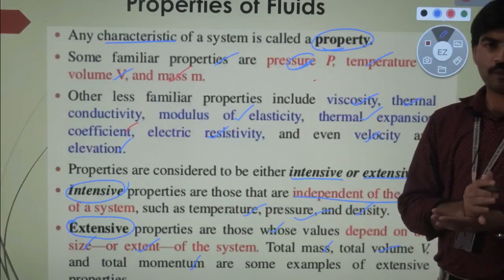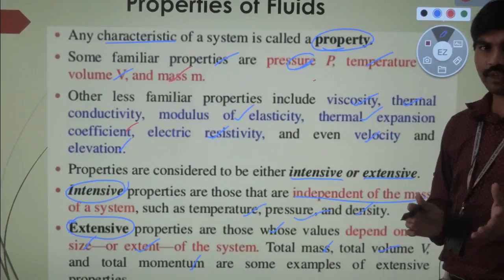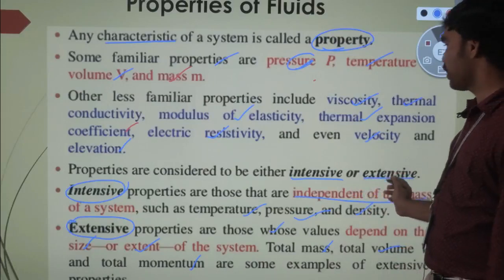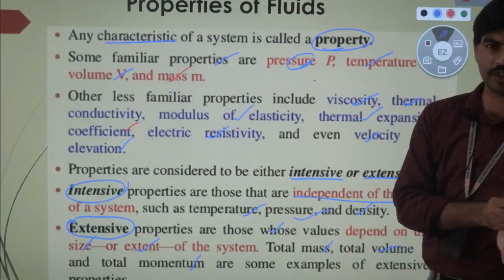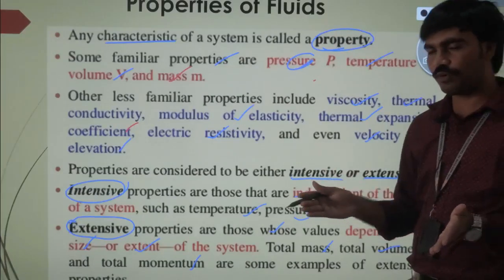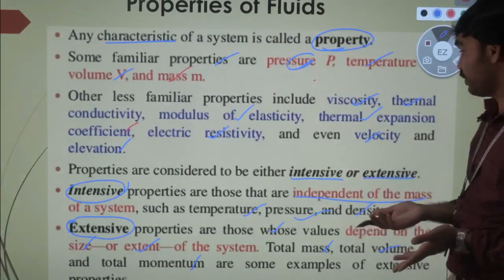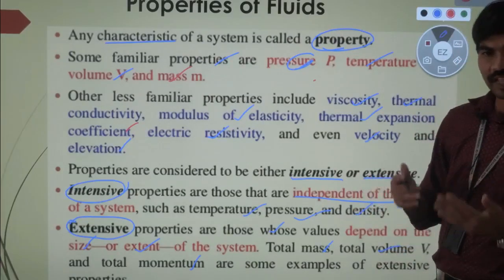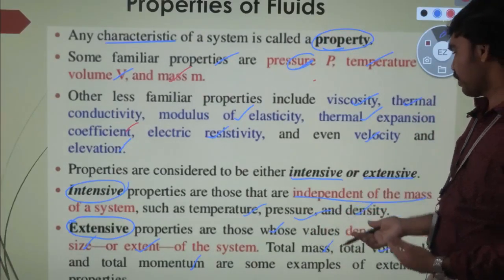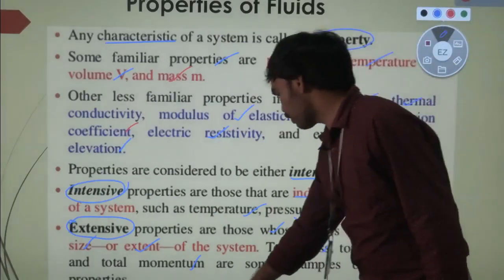These properties can be classified into two categories: intensive and extensive. The intensive properties are independent of the mass of the system, like pressure, temperature, density, etc. And extensive properties depend upon the size and extent of the system, for example total mass, total volume, and total momentum, etc.